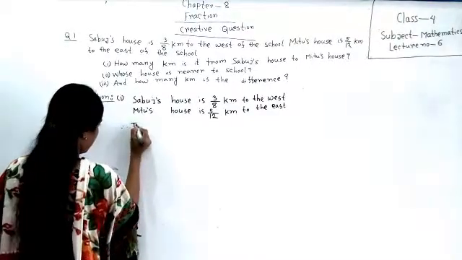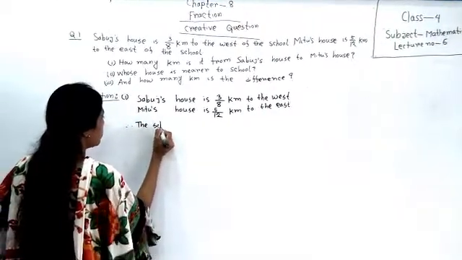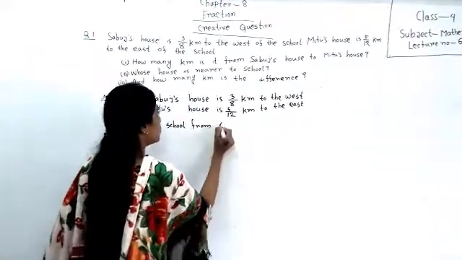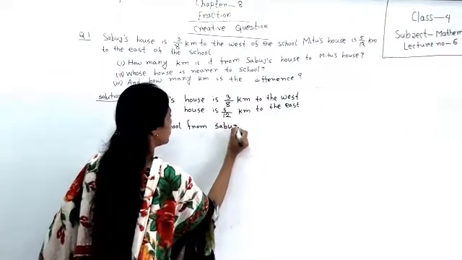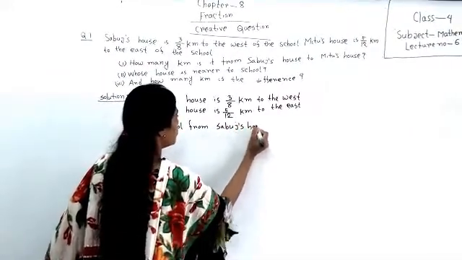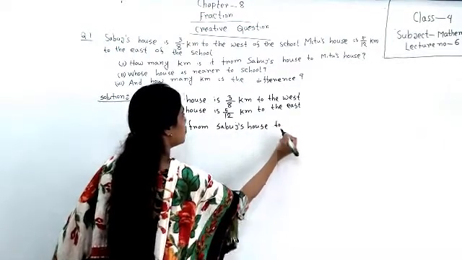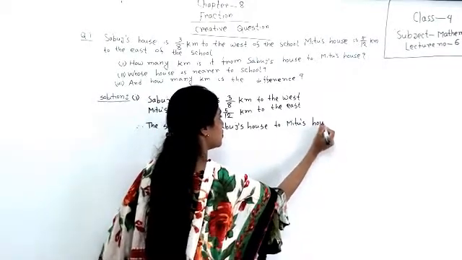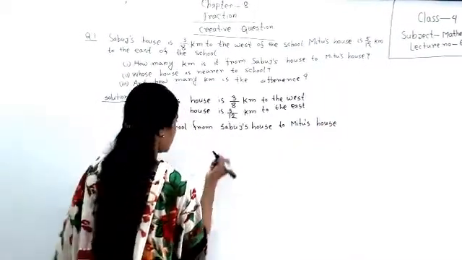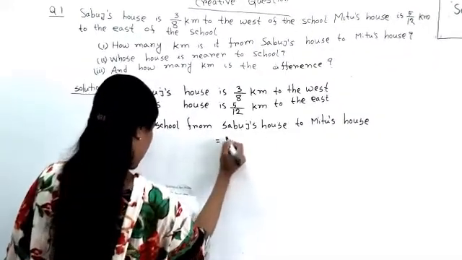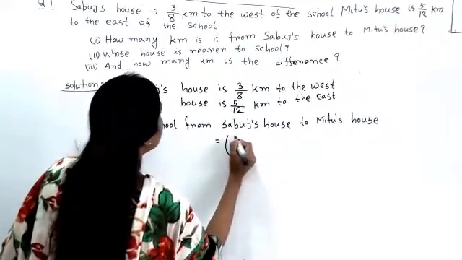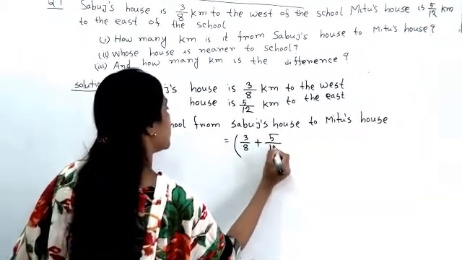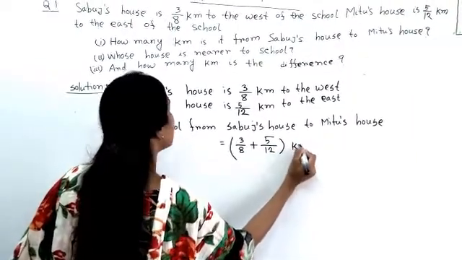Now the school from Shobu's house to Mitu's house is 3 divided by 8 plus 5 divided by 12 kilometer.